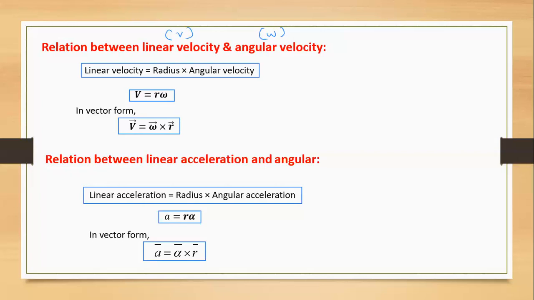Now pay attention, one more thing. This acceleration is directed along the tangent, so it is also called tangential acceleration. This equation is also called the equation of tangential acceleration.